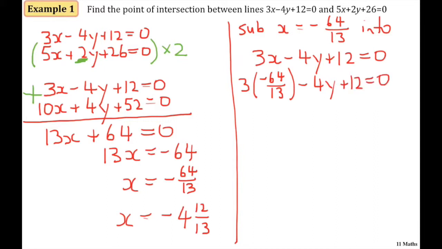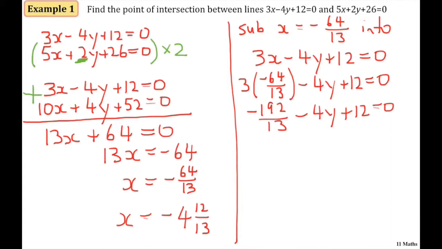Now I need to figure out what 3 times minus 64 over 13 is, and if I put that into a calculator, I get minus 192 over 13, minus 4y plus 12 equals 0. Let's add the number parts together.